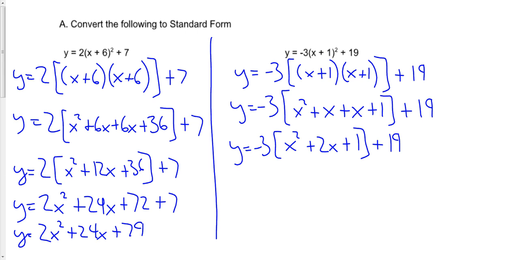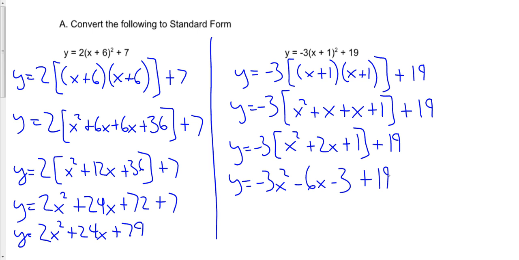Now, in order to continue working with this, I have to use my distributive property, and I need to multiply negative 3 times x squared, negative 3 times positive 2x, and negative 3 times positive 1. So I'll need to multiply, using the distributive property, everything in the brackets by that negative 3. In order to do that, I'm going to write y is equal to negative 3x squared minus 6x minus 3, and then plus 19.